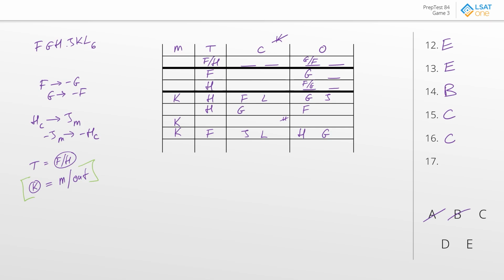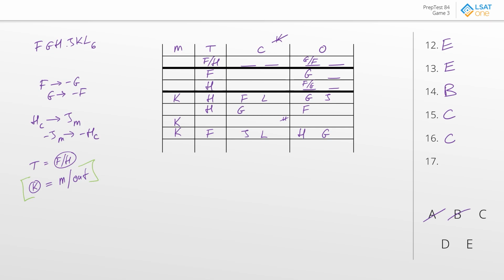But there's a bigger issue here. By saying that either J or K has to be a mayor, does that really stop K from being a counselor? Well, no, because that would leave open the possibility that J could be the mayor and then K could do whatever it wants, at which point it wouldn't stop K from being in the counselor position. So this doesn't seem like it would actually get the job done.